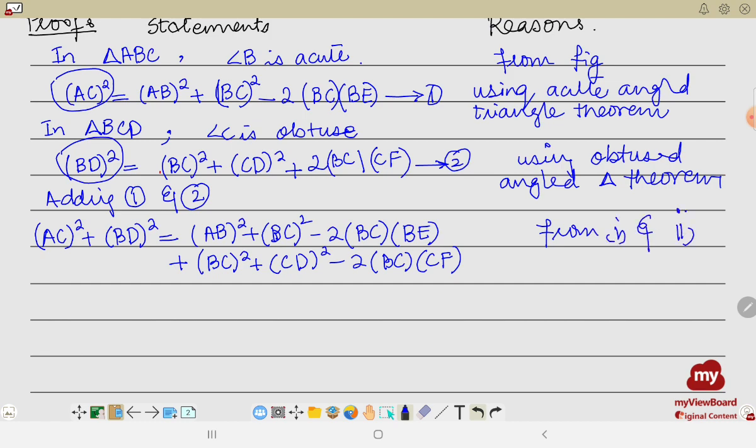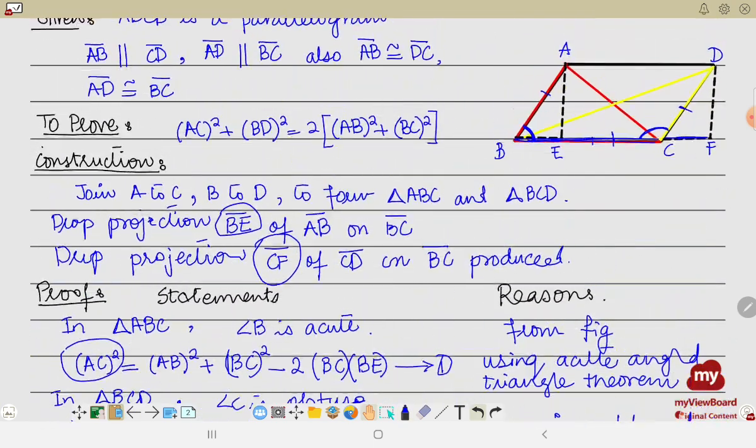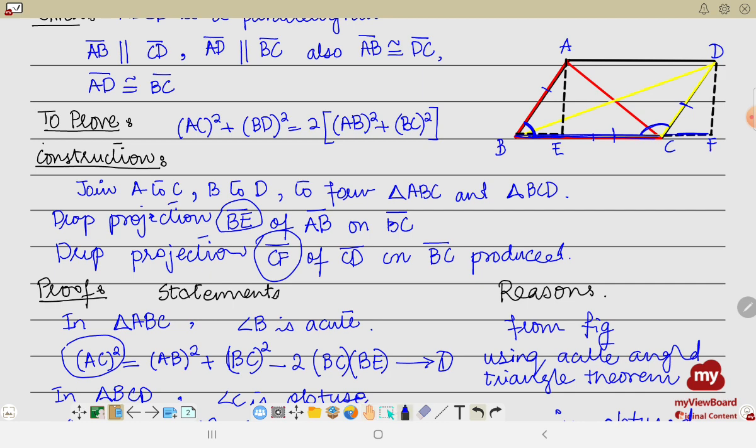So now instead of these sides, we are going to write some other sides, as in a parallelogram opposite sides are equal. And if you see, we need to prove this thing, right? So if you see, let me highlight it, we are going to prove this. So we already got this left hand side. Now on the right hand side, we need AB and BC.